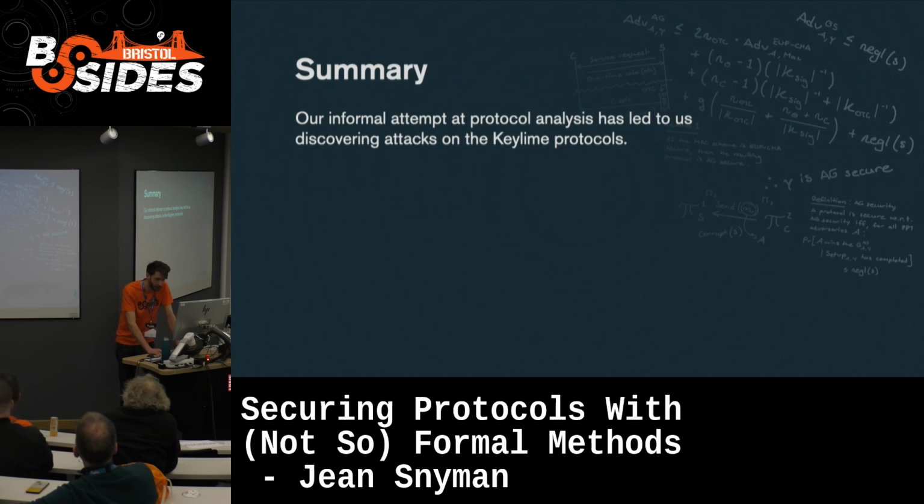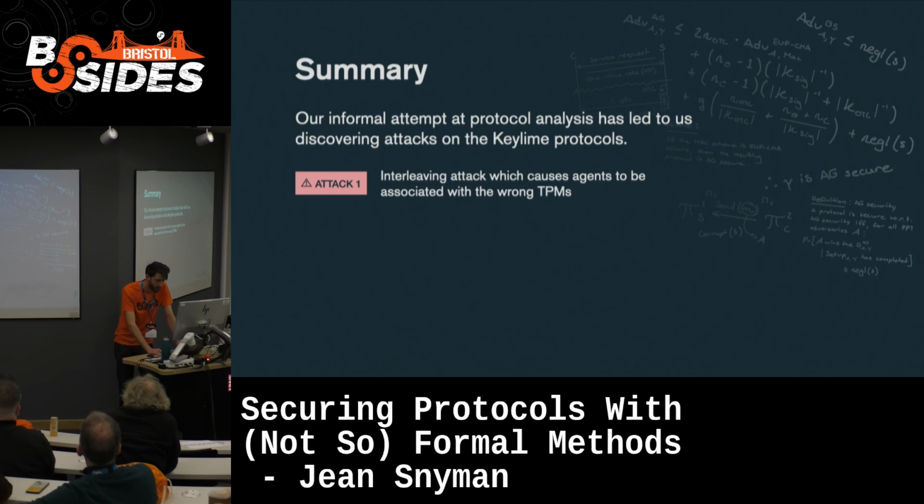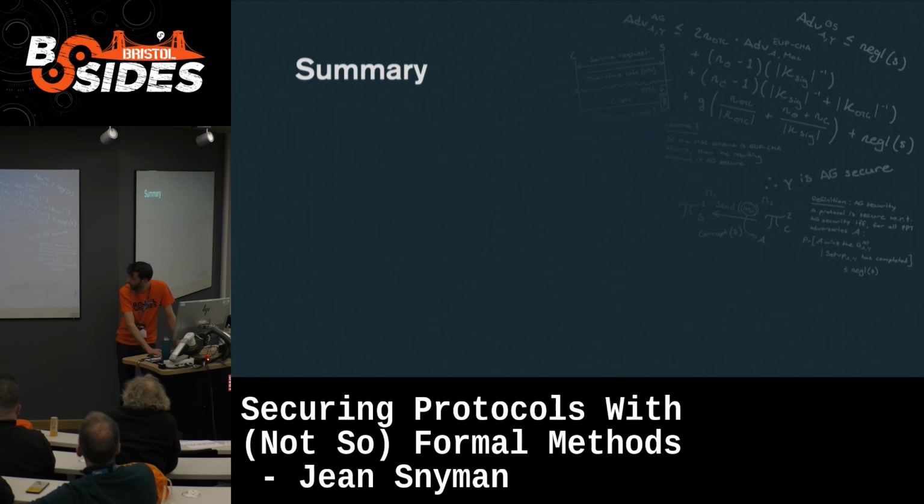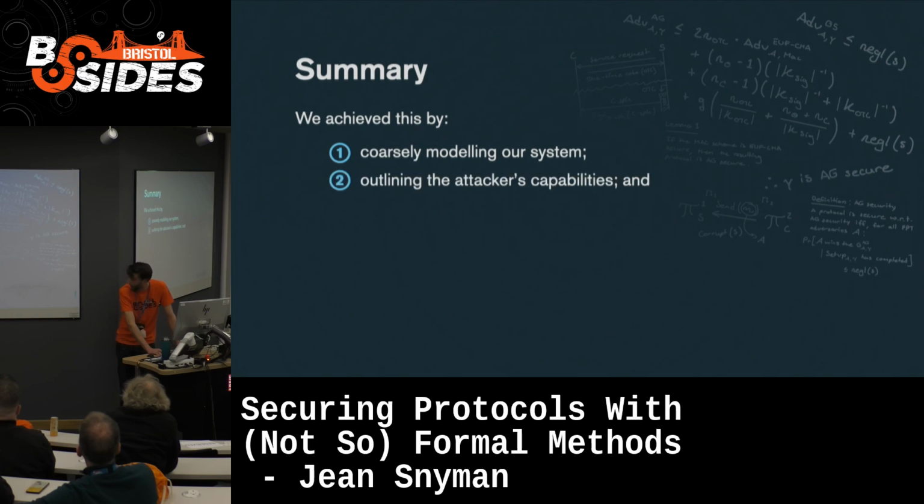So quick summary. By doing this sort of informal protocol analysis, we've actually managed to discover attacks on these protocols. We have 2 attacks, in fact. We didn't get into attack 2 really. But both of these attacks result in a verification policy being applied to the wrong node. And we achieve this by very coarsely modeling our system, outlining the attacker's capabilities, and defining certain security properties.